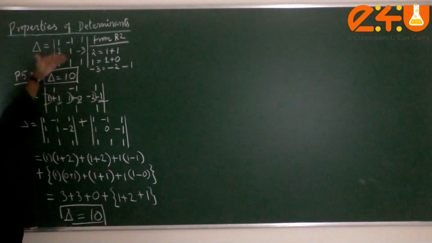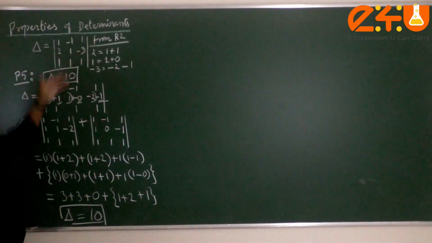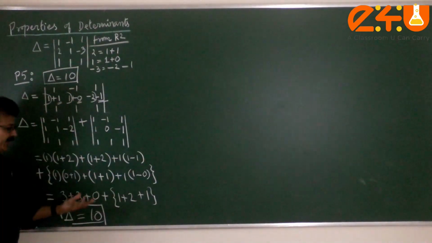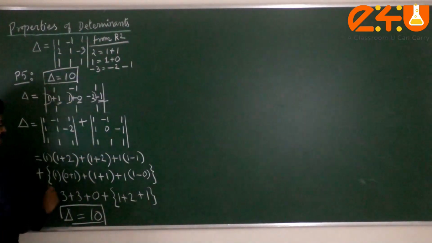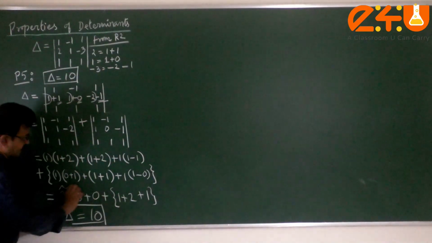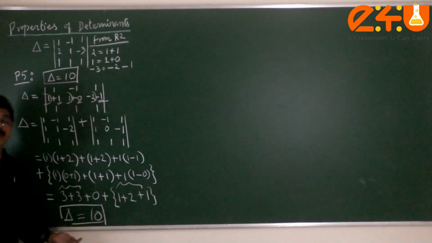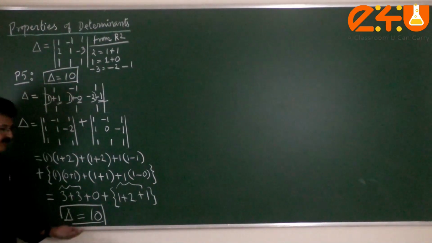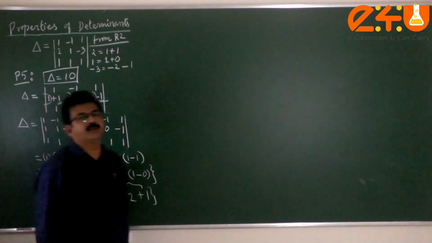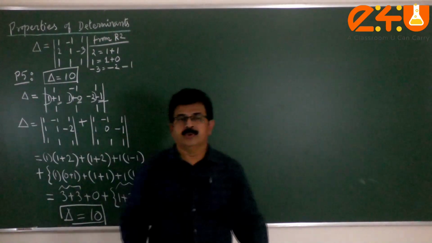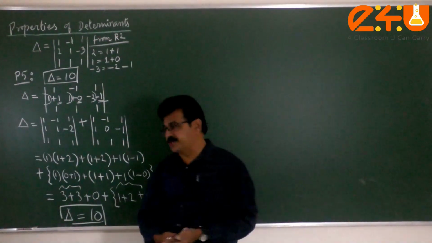So before splitting, determinant value was 10. After splitting and evaluating, the individual values are 6 and 4, but still the total is maintained at 10. So this is what P5 can help the students.